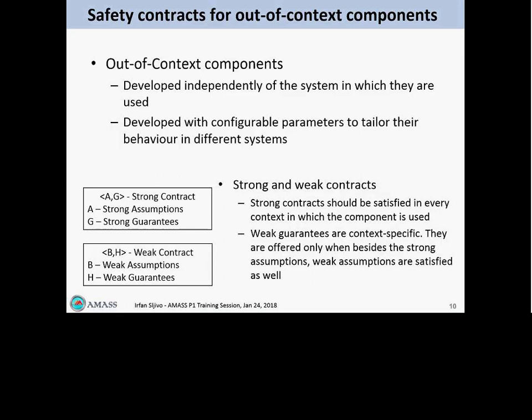They help us to say, okay, these behaviors should always be provided, and hence these assumptions should always be satisfied by the environment. And then we have weak contracts, which are context specific, and we can say, okay, this particular contract handles this environment, and this other contract handles another environment.